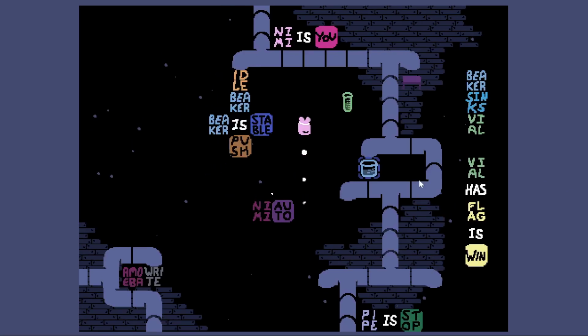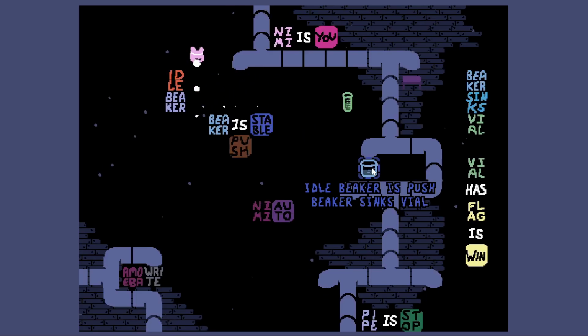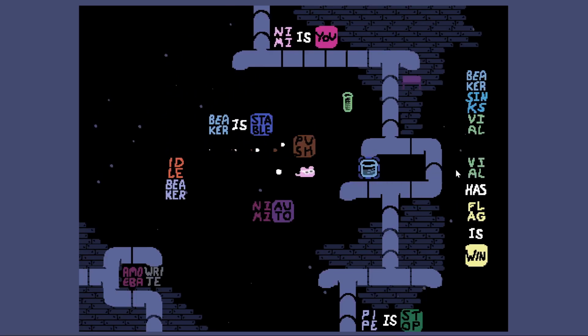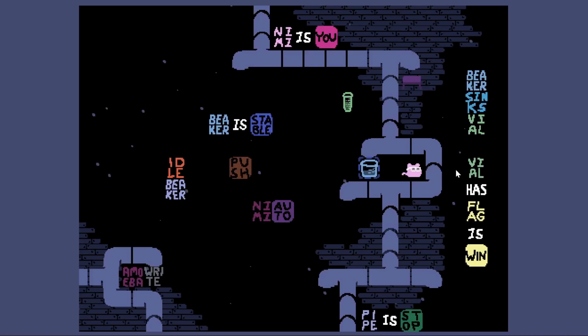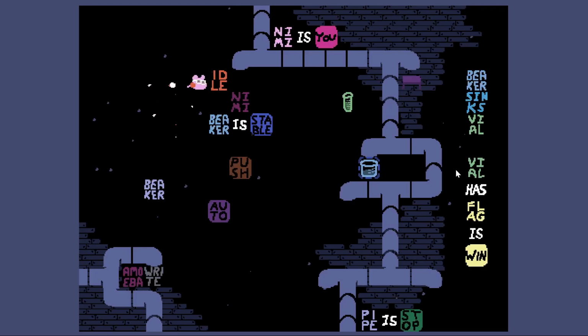If I did this, I can now remove all of that, and idle beaker will be push. Now I can make idle Nimi as auto. There you go. Because idle is no longer used to make idle beaker as push.